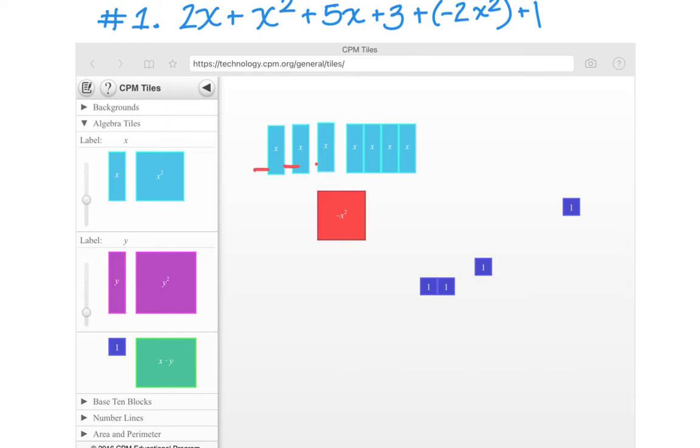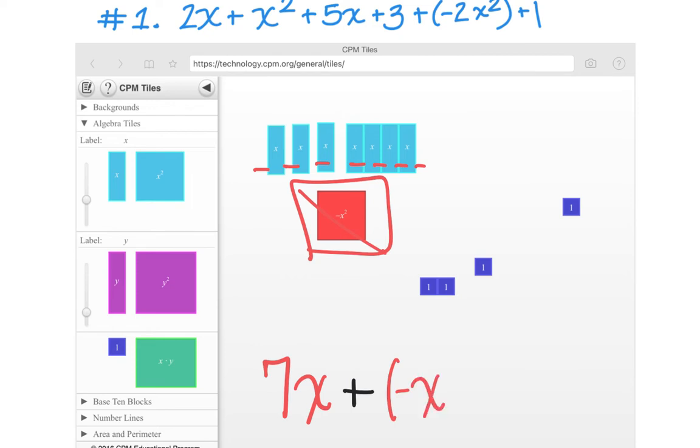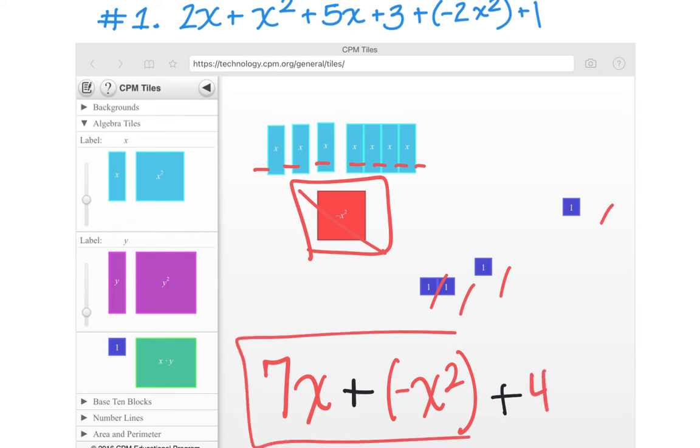I've got 1, 2, 3, 4, 5, 6, 7x, right? And then I'm adding negative x squared, or I could do negative 1x squared, that would also work. And then I am going to add 1, 2, 3, 4 units. And so this is my simplified expression.